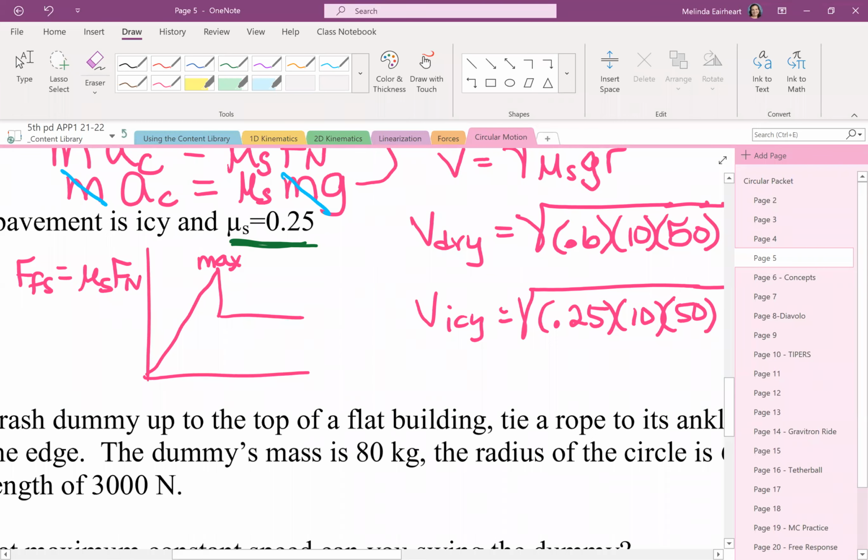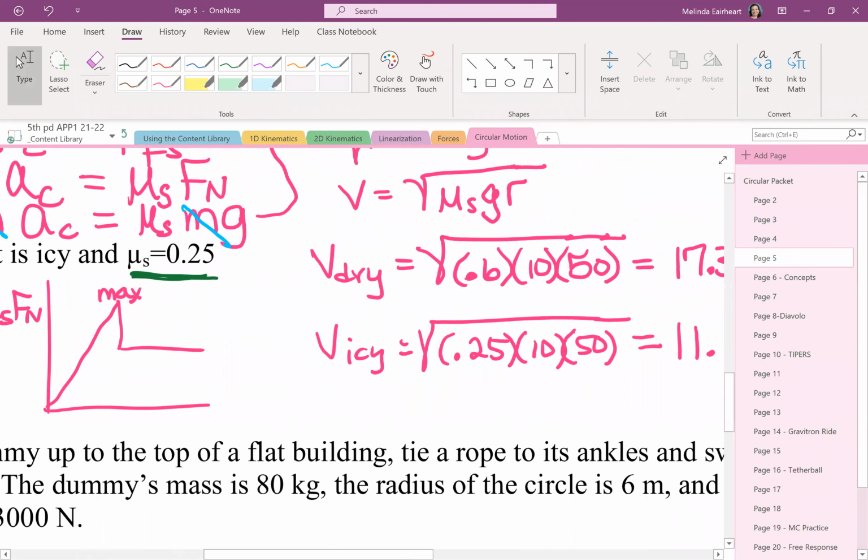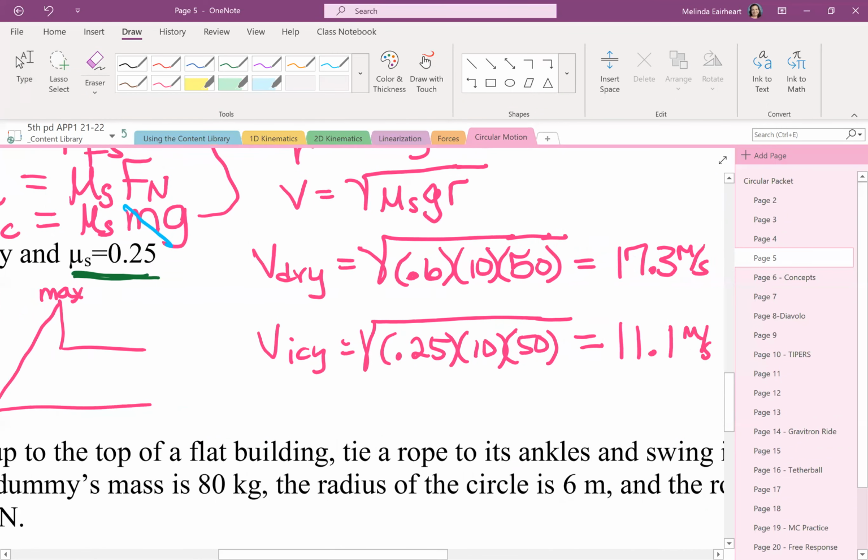When you do mu s times Fn, you're finding a maximum amount of friction on this graph. Remember the 2 finger, 4 finger, 6 finger, 8? If 8 fingers is your maximum to stay in grip with the ground, then that's a maximum static friction. So it's a maximum velocity under the dry condition. It's a maximum velocity in an icy situation.